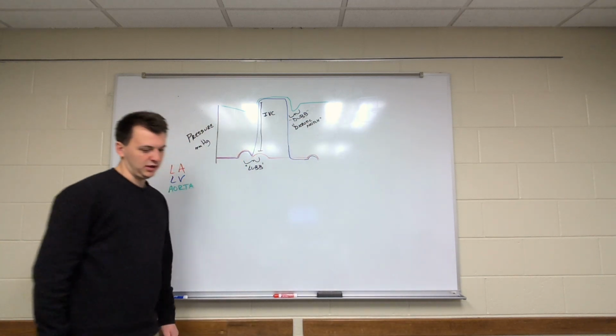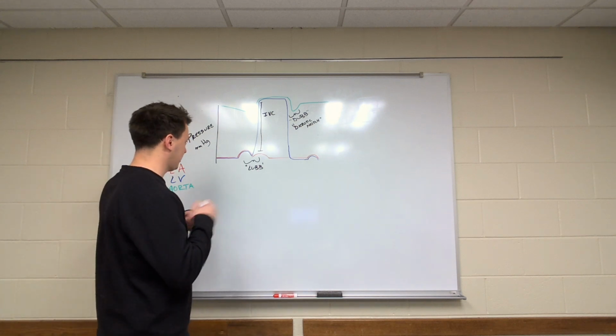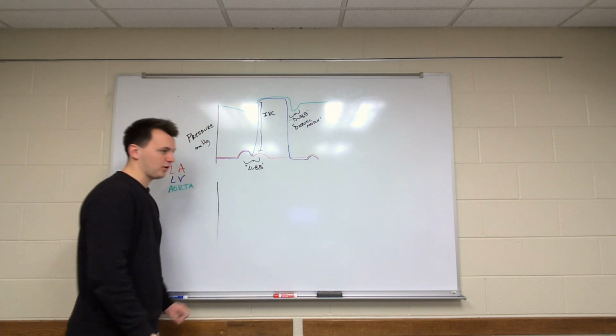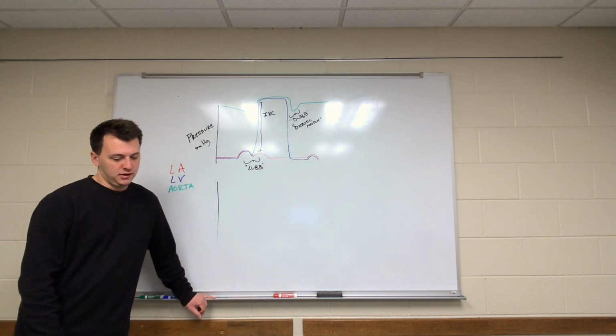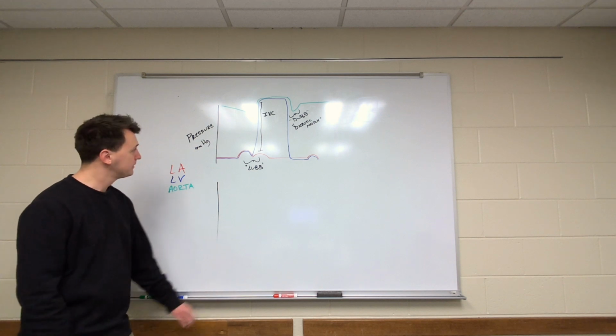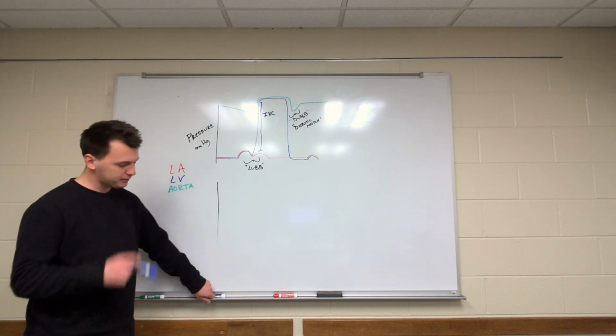We have pressures, and we've already done pressures, but within the pressures, pressure and volume are somewhat related. So we have here, say, the volume of the ventricle. And I did ventricle in blue, so let's do blue.